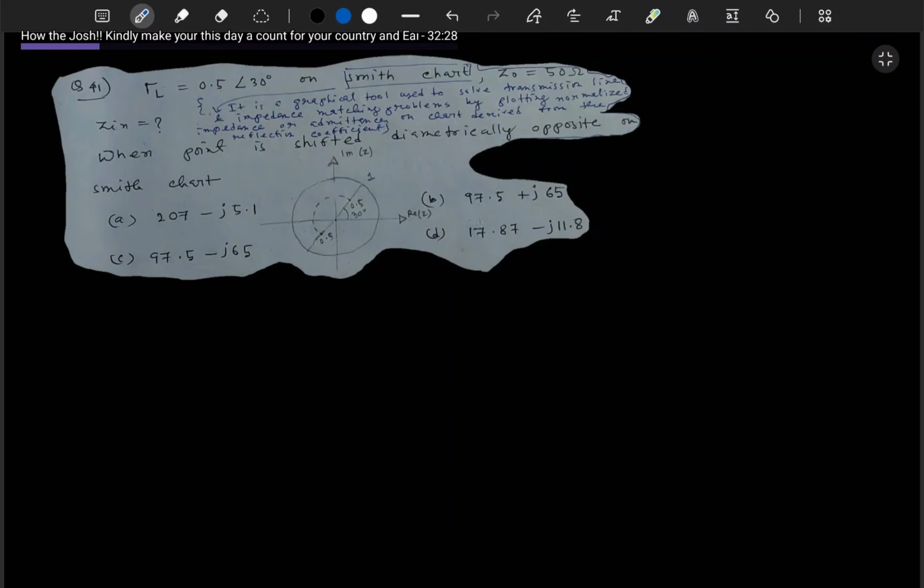Gamma L equal to 0.5 angle 30 degree. L equal to lambda by 4.